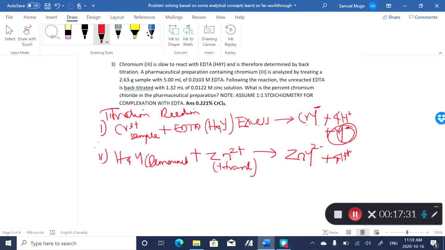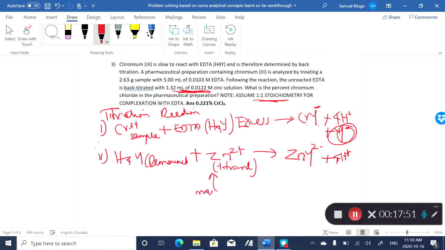and so what we need to really calculate then is the number of moles of zinc that was used as titrant. It's a 1-to-1 stoichiometry, we've been told.